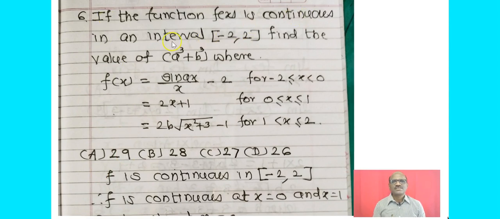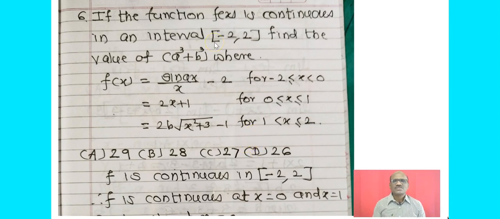If the function f of x is continuous in the closed interval minus 2 to 2, find the value of a cube plus b cube, where f of x is equal to sin ax upon x for x lying between minus 2 and 0, equal to 2x plus 1 for x lying between 0 and 1, and equal to 2b into root of x square plus 3 minus 1 for x lying between 1 and 2. Then what is the value of a cube plus b cube?